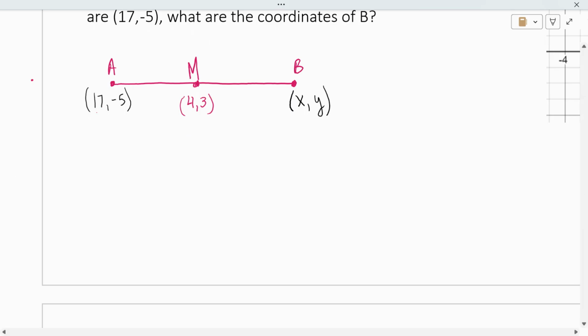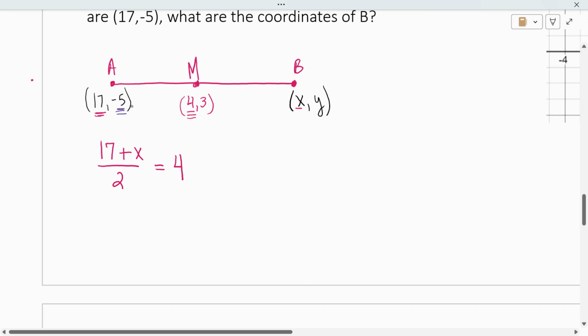So I know that if I add the x coordinates together, 17 plus x divided by 2, I know that it equals my midpoint x coordinate, which is 4. And I can do the same thing for the y coordinates.